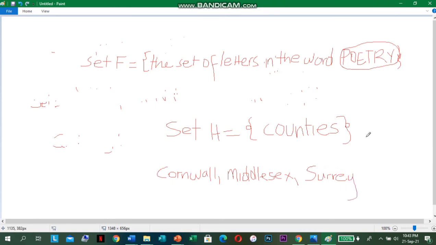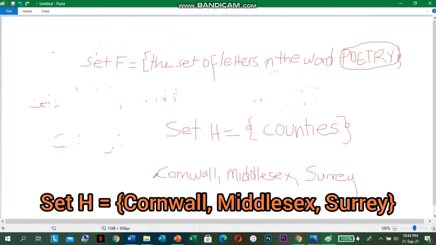These are the counties in Jamaica. So set H is equal to the set of counties in Jamaica. Can it be counted? Yes, we have 1, 2, 3 counties in Jamaica. Is it named? Yes. Is it specific? Yes. Is it definite? Yes, it's clearly stated here.